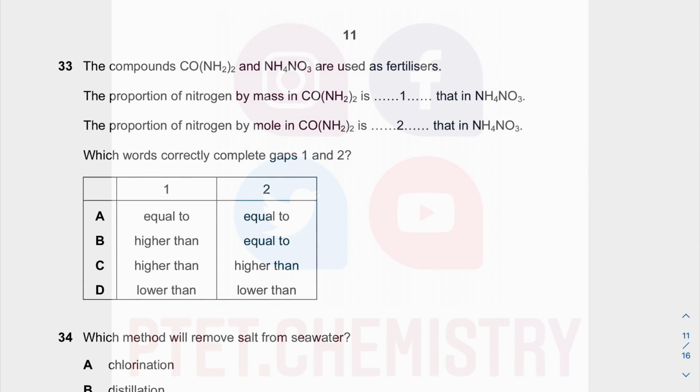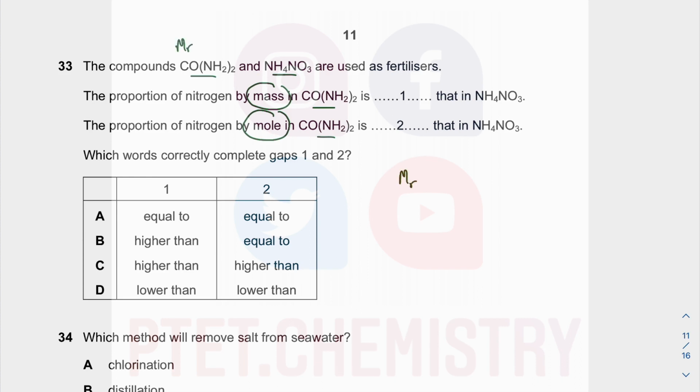So question 33 is about the proportion of nitrogen by mass. Essentially we have this molecule, compared to... Well, what are we doing? Oh, sorry. There are just two molecules we're talking about. But this is by mass and this is by mole. Let's work out the Mr first.